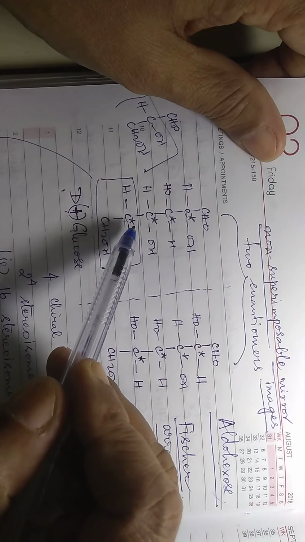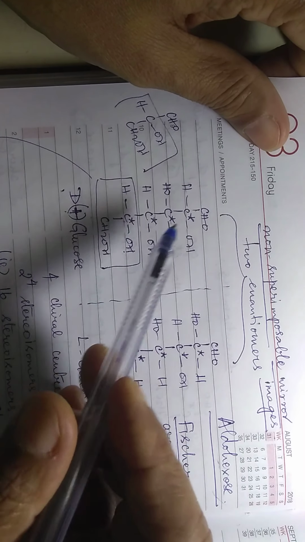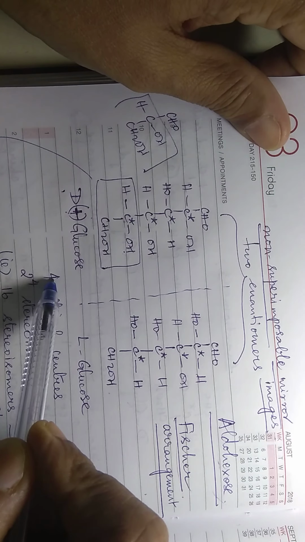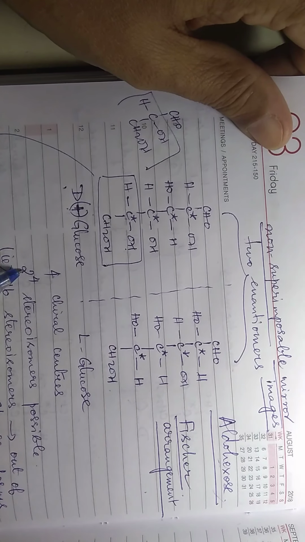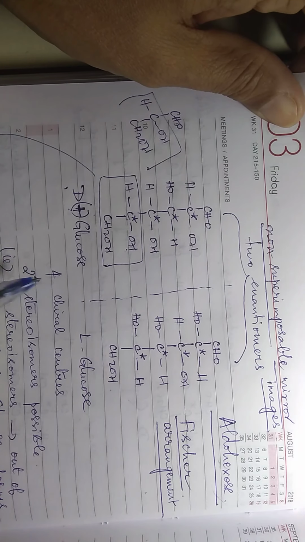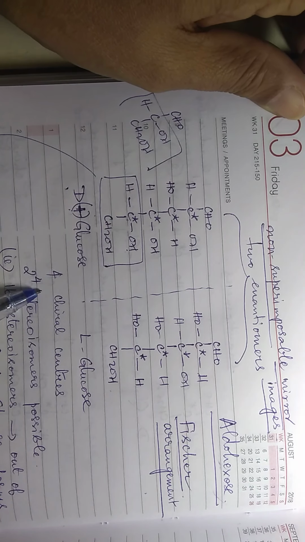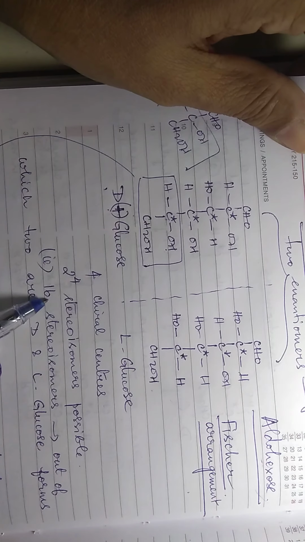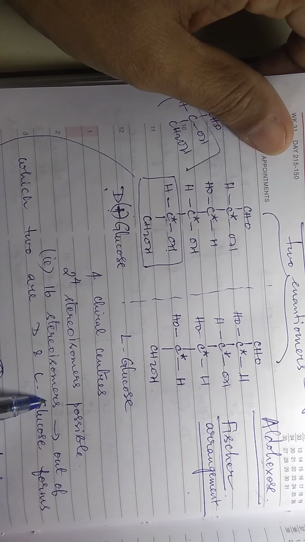Now in this case, glucose, how many asymmetric centers are there? See, there are 4 asymmetric centers. Now if there are 4 chiral centers, asymmetric centers, then 2 power 4 stereoisomers are possible. I told you, for the number of asymmetric centers, 2 power that number of stereoisomers are possible. So 2 power 4 means there are 16 stereoisomers possible.